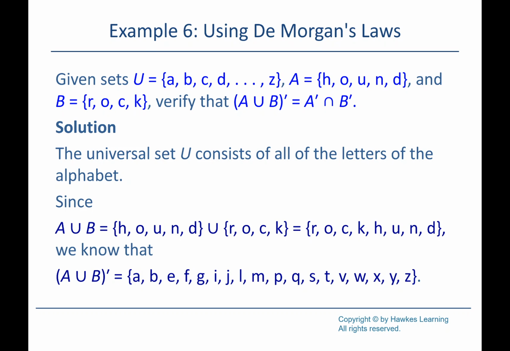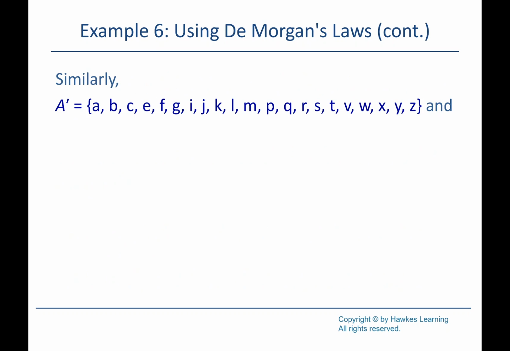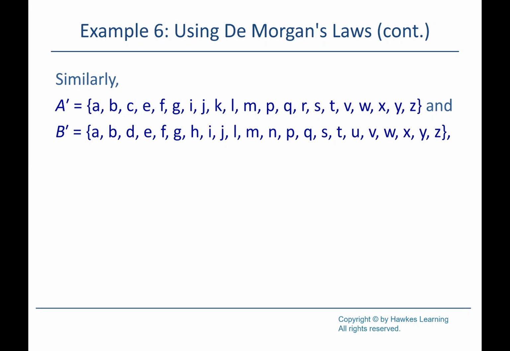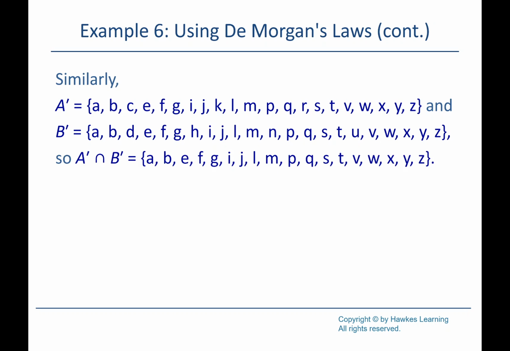And the other way, we would take a complement, which on this one's pretty long, B complement, and then find the intersection. And if you check them, you get the same thing both ways. That's all this is showing you. If you're not impressed by that, it's okay. I tried.